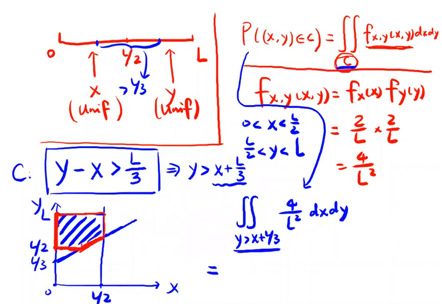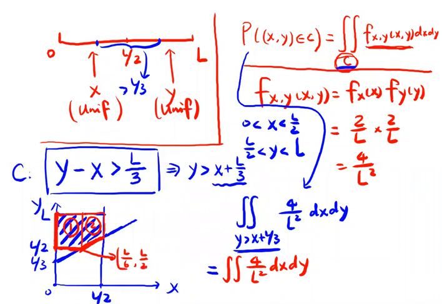So one way you can do it is to integrate this box and then this region separately. Okay, so if you do this one part first, then this still doesn't change. And then this point, if you solve it, you will realize it's L over 6 and L over 2.